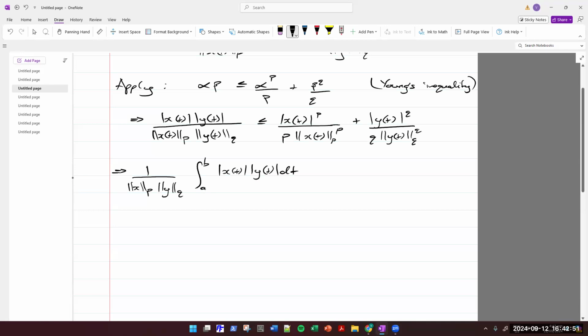dt. Okay, and this is less than or equal. So again, p is some number and the norm is some number. So I could pull that out of the integral, or said another way, I just need to integrate the numerator. So let's write it like this. Integral from a to b of x of t, p. Okay, and then I divide it by this number.